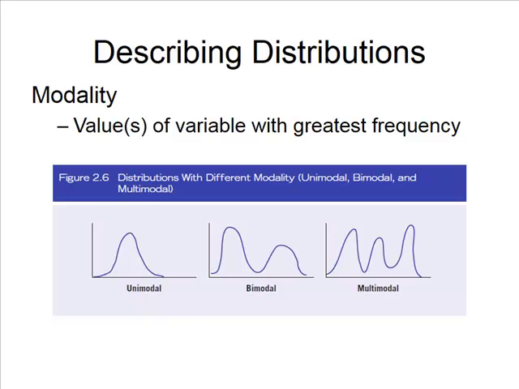Another way that we can look at data, and this is more for our continuous data, is we can think about data not just in the frequency that it occurs, but also the way that the data itself is distributed across the range of values.